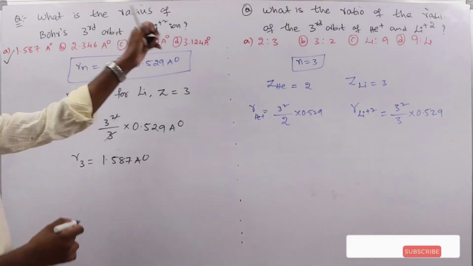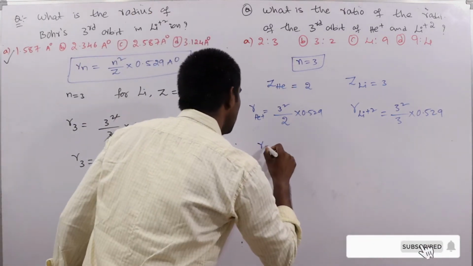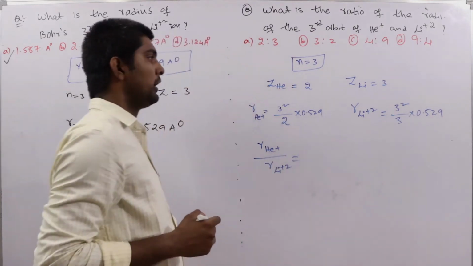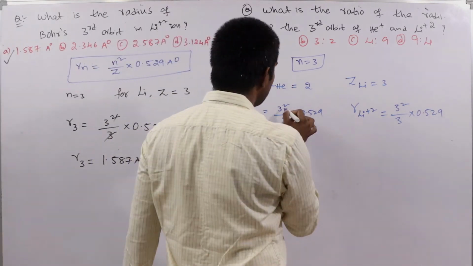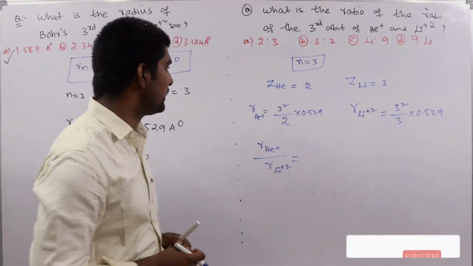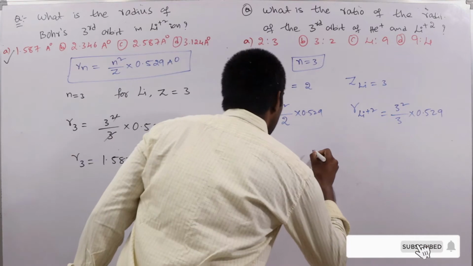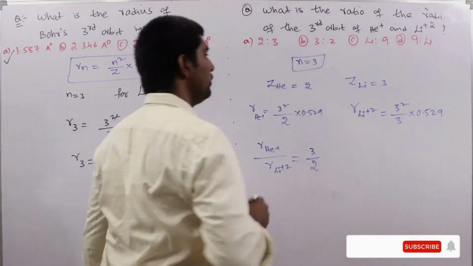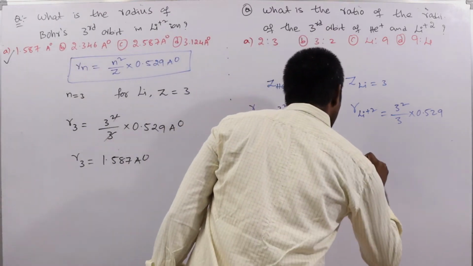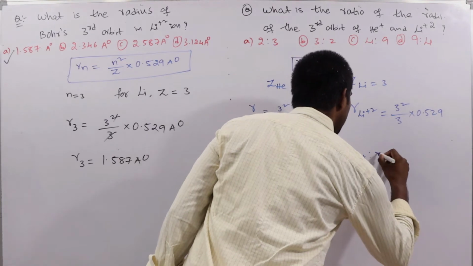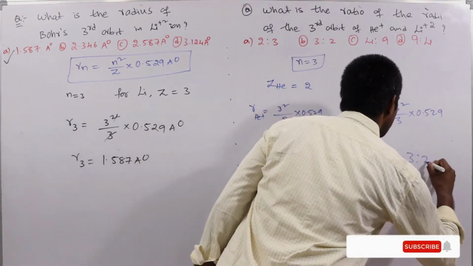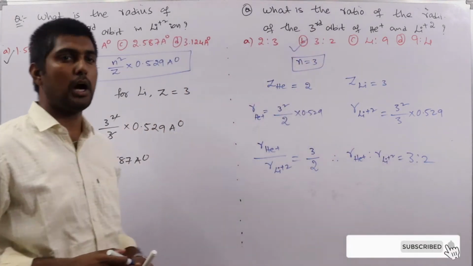We want the ratio of the radii, so the radius of helium plus by the radius of lithium plus 2. Here 3 square and 0.529 are common in these two, so those will get cancelled. Finally we have 3 by 2. Therefore the ratio of the radii of helium plus and lithium plus 2 for the third orbit is equal to 3:2. So option B is the answer.